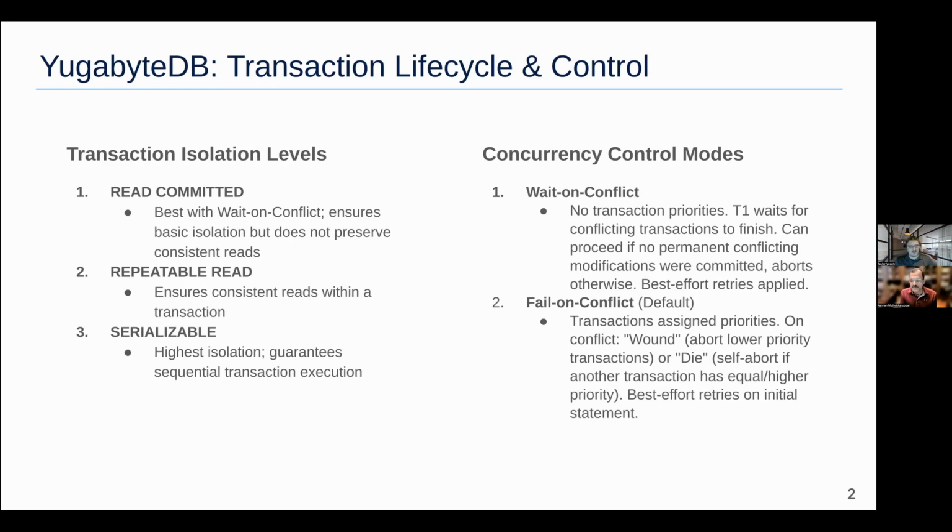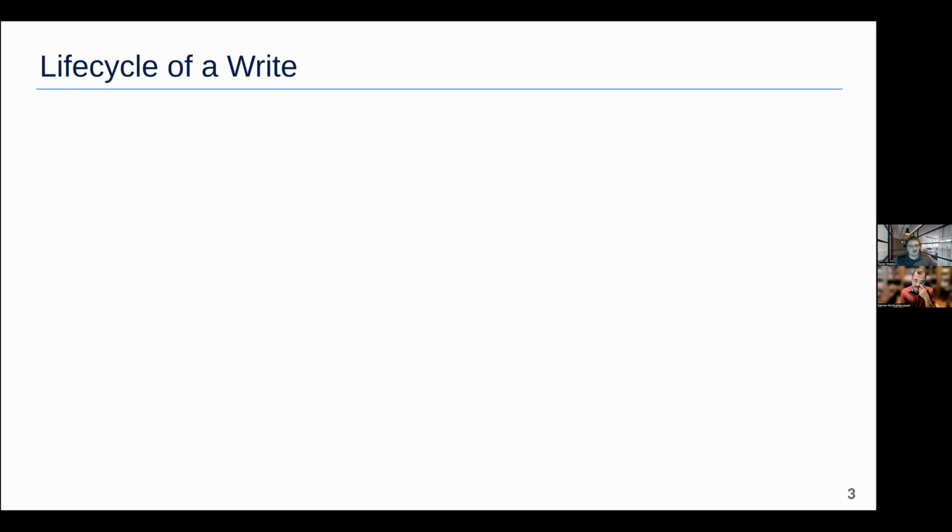Yes. So let's talk about the life cycle of a write real quick. I'm going to introduce how we do a write, what it does, and what happens if there's a conflict, so that when we get around to looking at the distributed transaction locking features, the visibility features, we know what to look for and why we're using it.